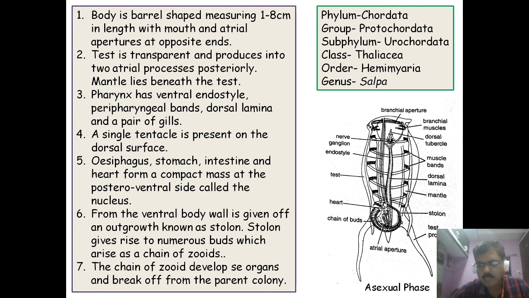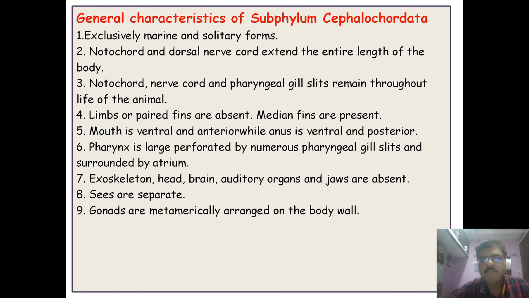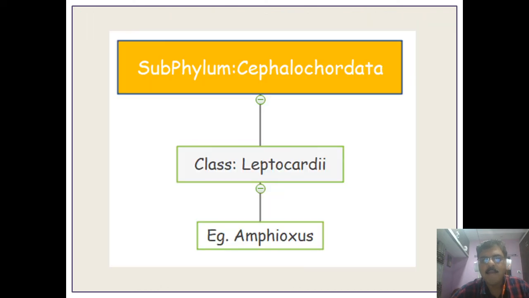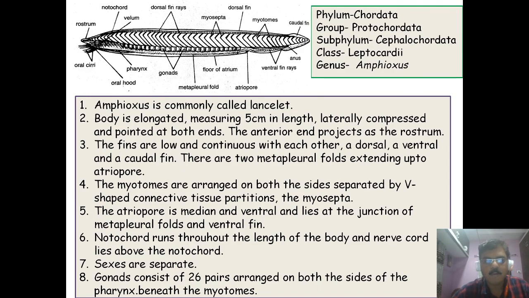You have to write down the characteristic features. And the fourth animal, from the Cephalochordata, which you have to write down from the Protochordata, is the Amphioxus. So you have to draw a neat and well labeled diagram. You have to write down the classification of these animals and write down the characteristic features of all these protochordates.